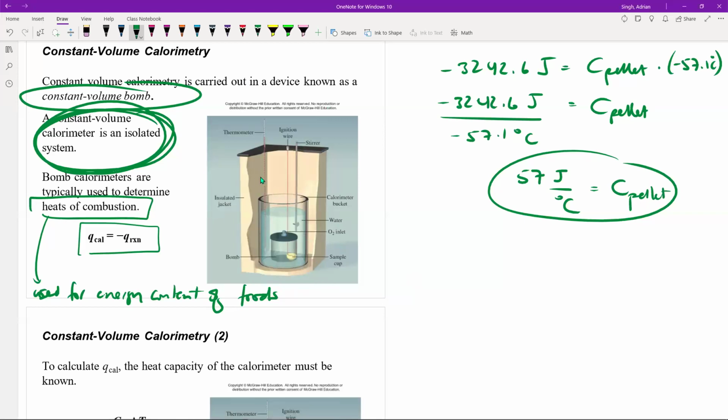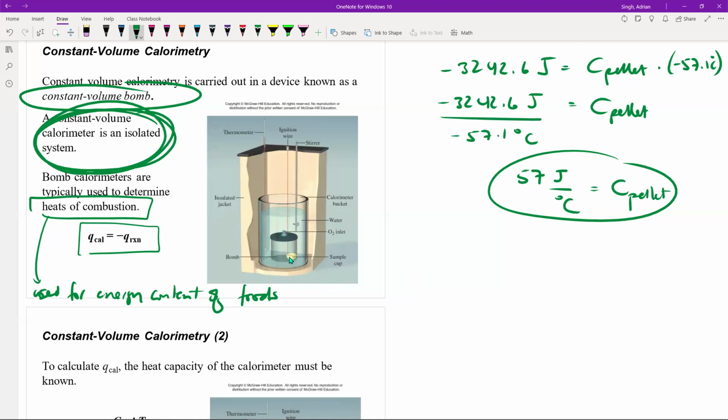It's insulated very well. At the center of it, we still have something that looks similar to the calorimeter before. We have the bomb itself, which is the inside of this. We have our sample cup that contains whatever sample we're trying to combust or burn. We have an ignition wire that leads to the outside.